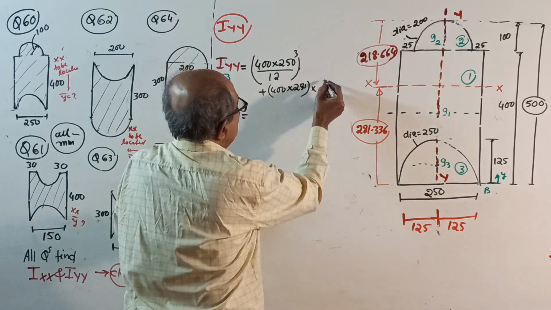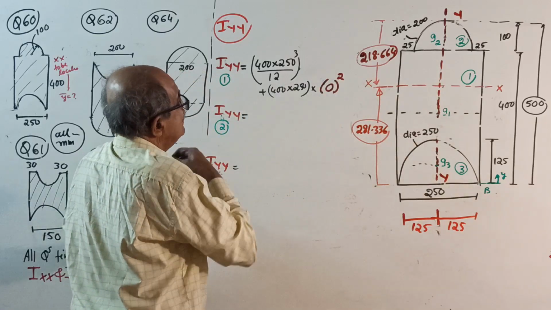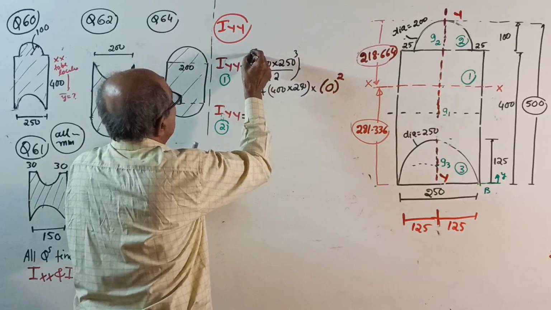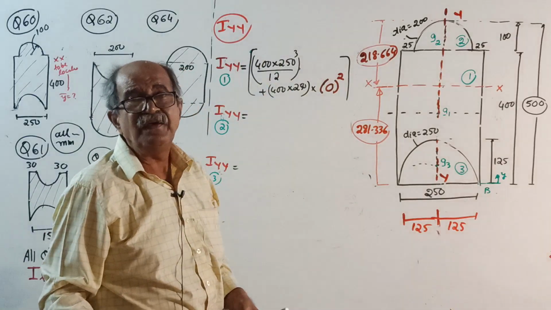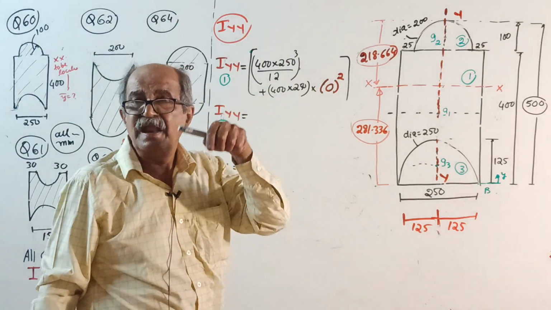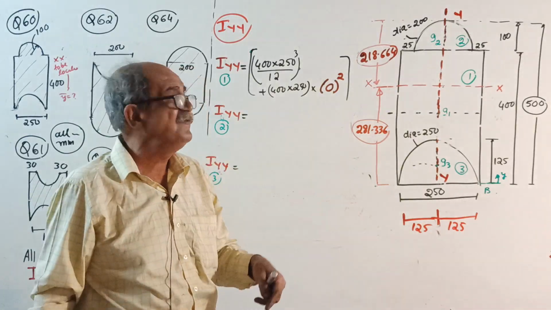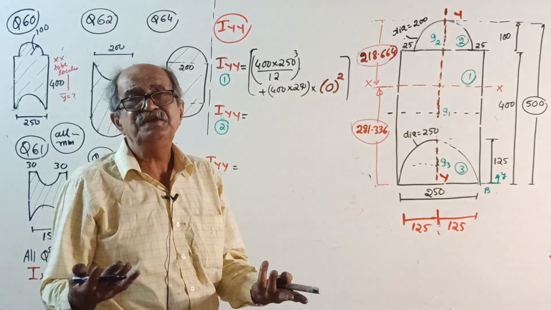Suppose someone asks why 0 square, no, leave my class. My class is not for you. Same answer, 0 square. Reason told repeatedly: whenever your centroid coincides with an axis or lies in an axis, or its own centroidal axis coincides with the required axis, then H becomes 0.